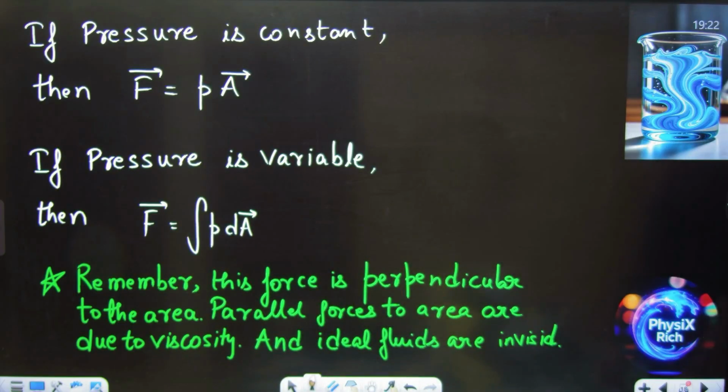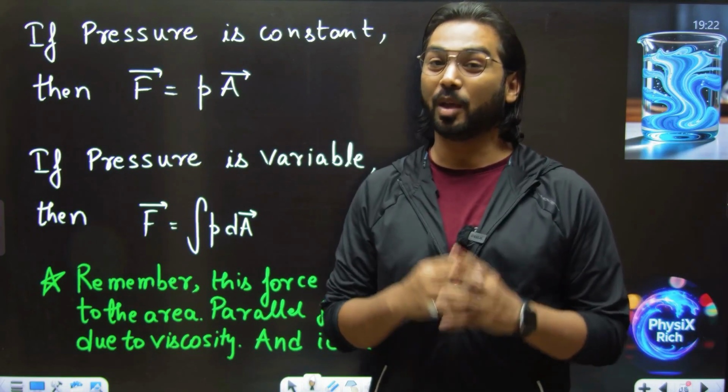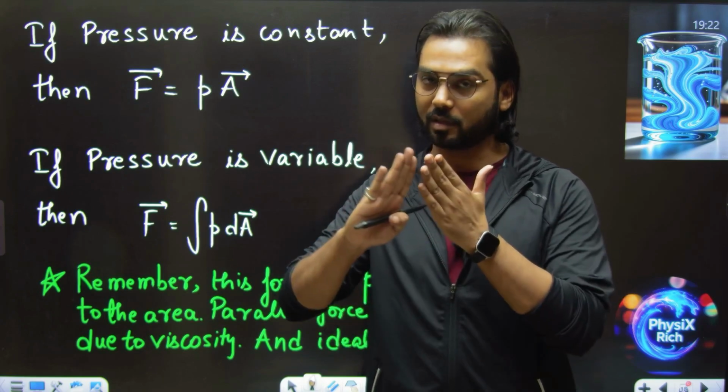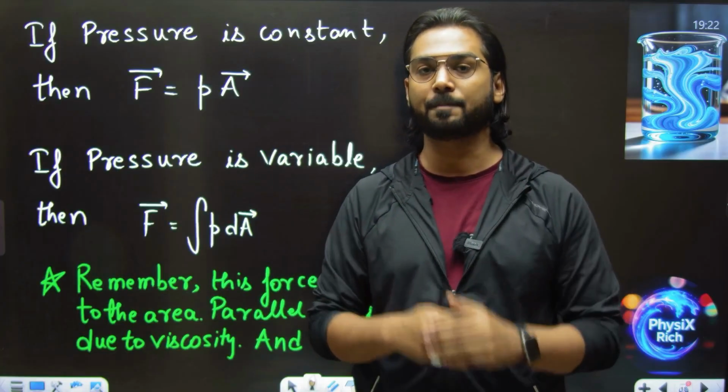Okay. The star mark statement says that this force is perpendicular to the area. Parallel forces to the area are due to viscosity, and ideal fluids are inviscid. My dear students, what it means is that we will not consider forces that are parallel to the surface. We will only consider forces that are perpendicular to the surface.